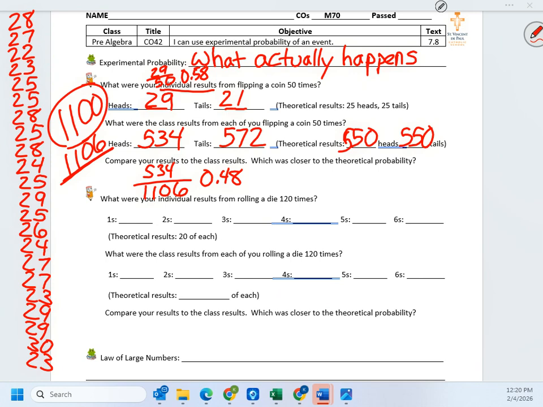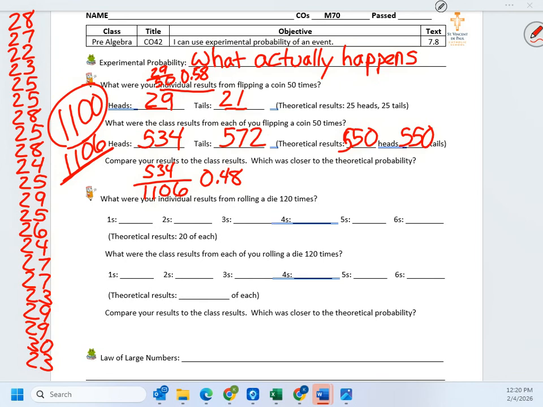So depending on what you actually flipped versus what the whole class flipped, sometimes if you have the bigger difference, the class is going to be closer to theoretical probability. If you were one of those lucky few who actually did 25 and 25, what's going to be closer, your individual results or the class results? The individual results.